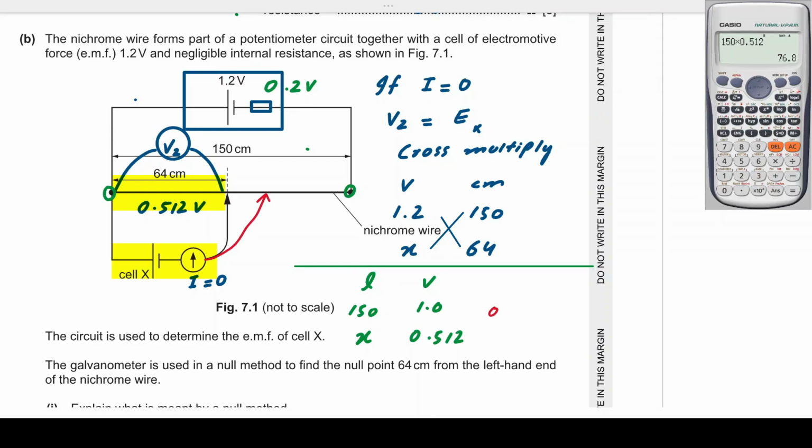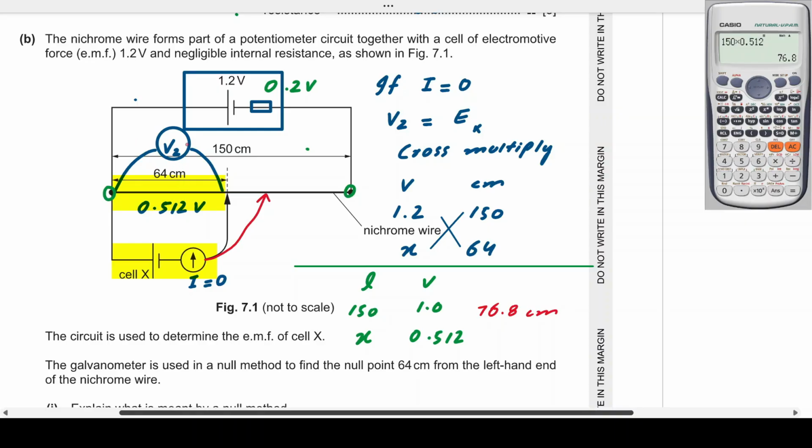How much was that? 76.8. So the null point will be shifted to the right side. The number 76.8 is just a reference value. It could be 74, it could be 75, but it would be necessarily greater than 64.